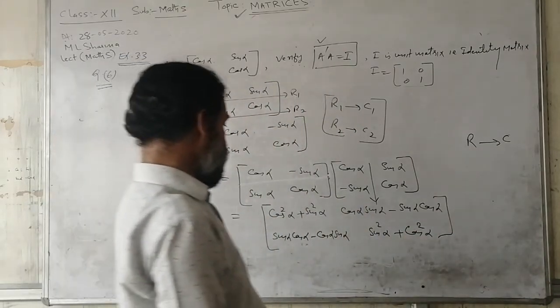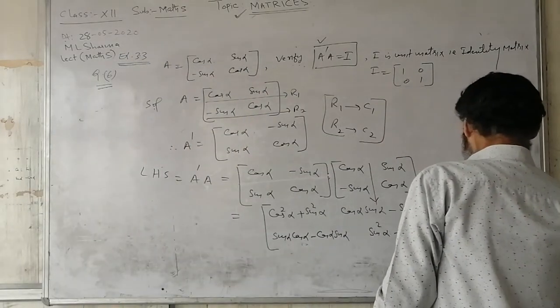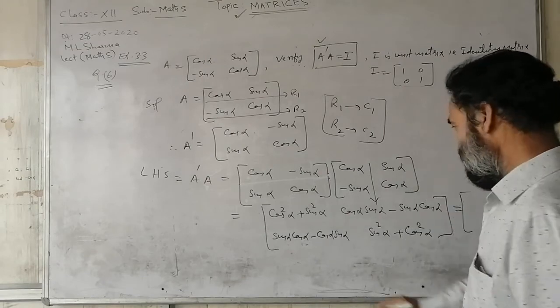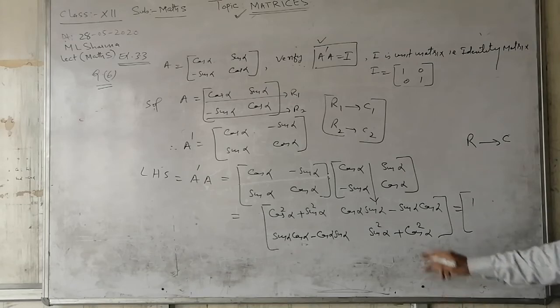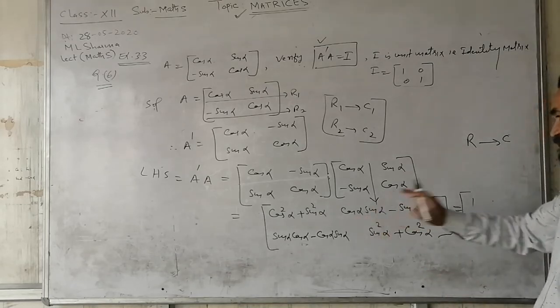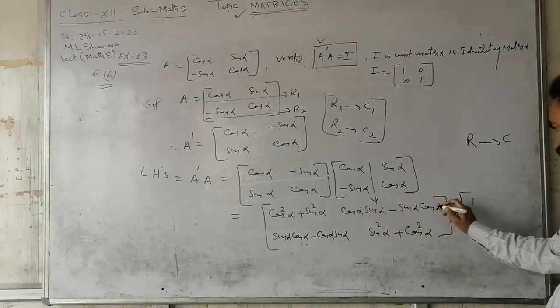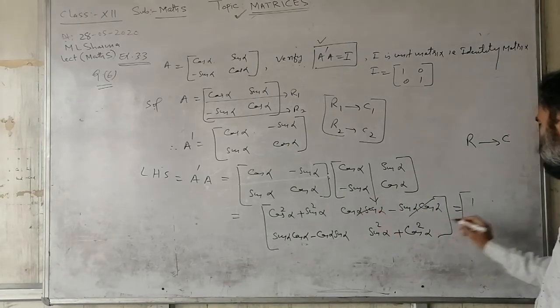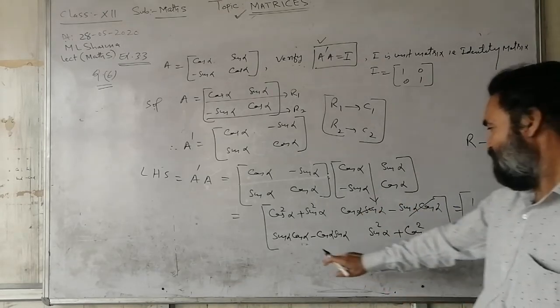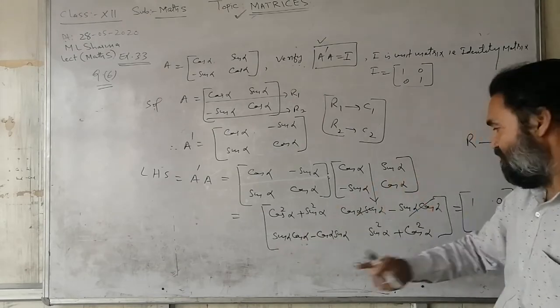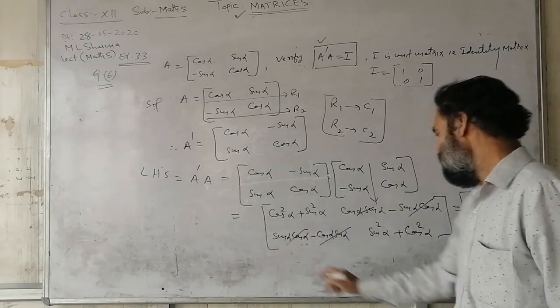So this will be equal to, finally, cos square alpha plus sin square alpha, which is 1. Here cos alpha sin alpha is positive and sin alpha cos alpha is negative, so 0 will be there. Again, sin alpha cos alpha positive and negative will cancel.